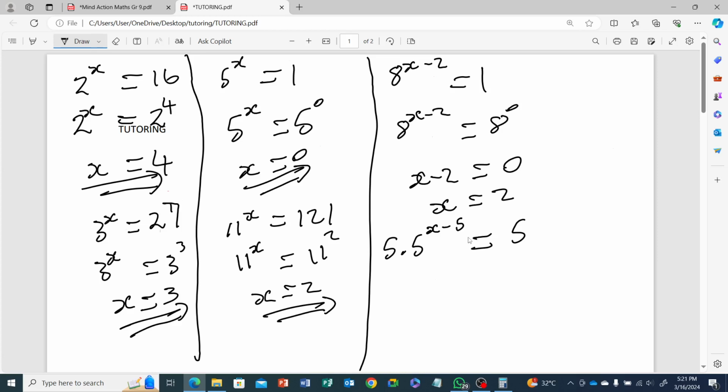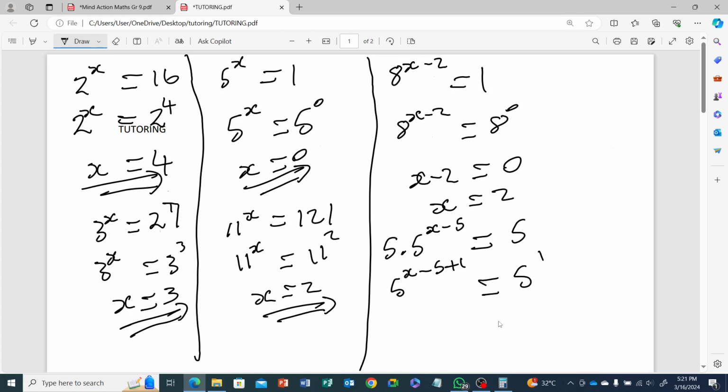In this topic, we assess your ability to deal with exponents, so don't divide by 5 to simplify things. What you need to do, you can see now you multiply two numbers with the same base. So we are going to have 5 exponent x minus 5 plus 1 is equal to 5, and this is exponent 1.